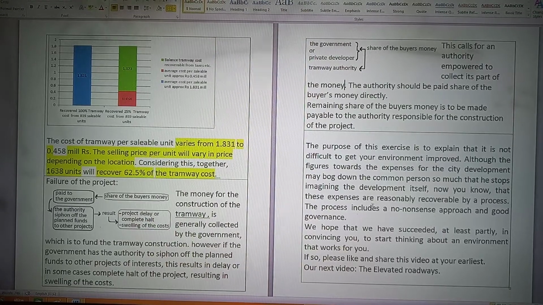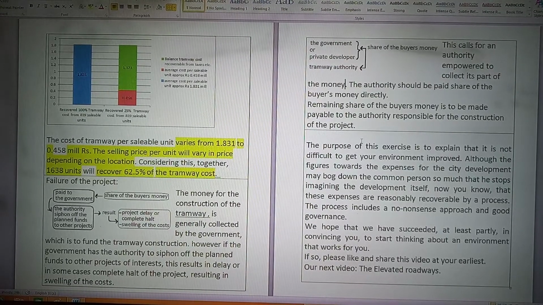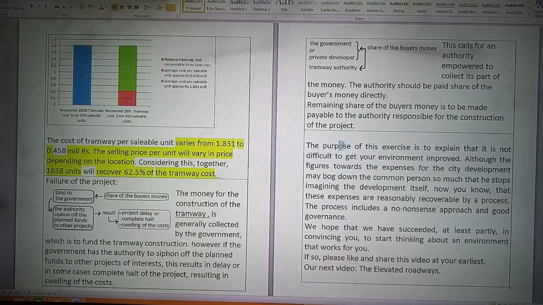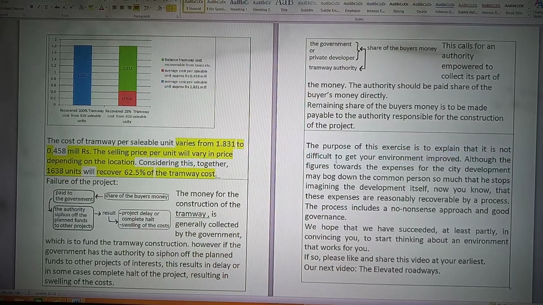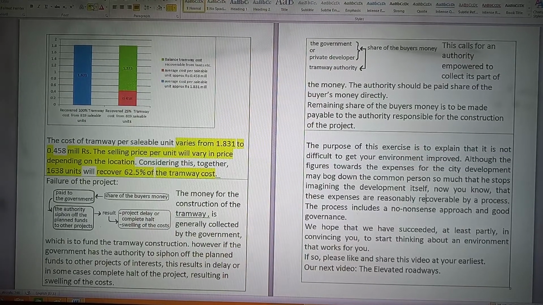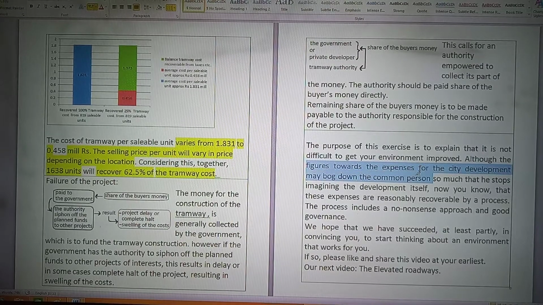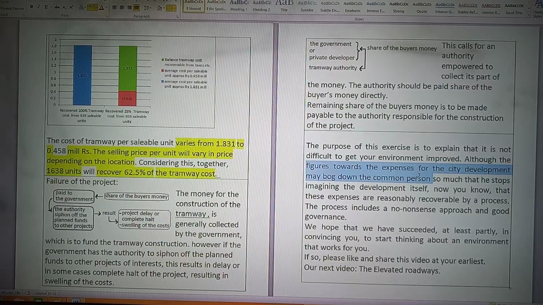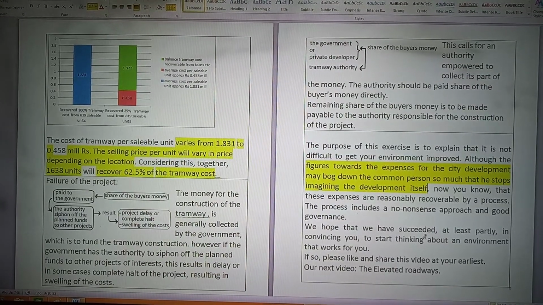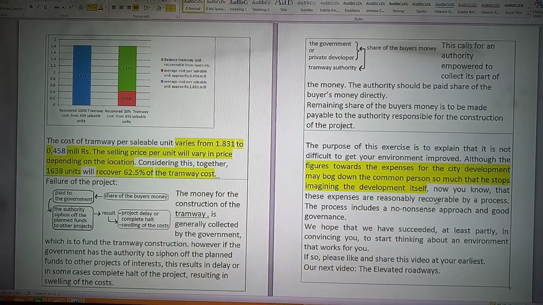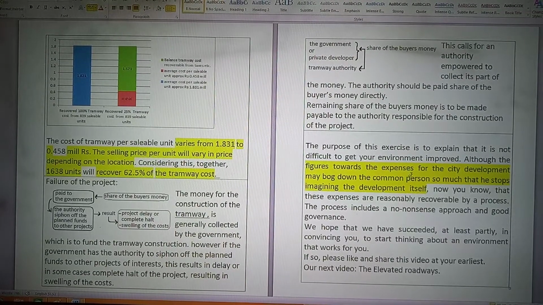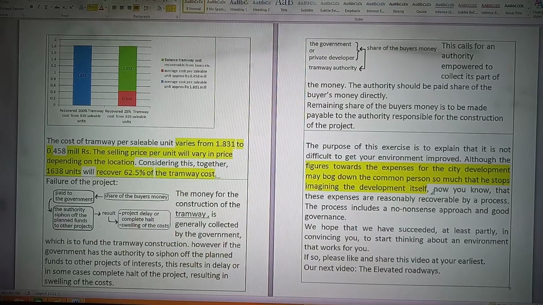The purpose of this exercise is to explain that it is not difficult to get your environment improved. See, what happens is the figures are so high that the common man stops imagining about the development itself. They are so high that people get bogged down.